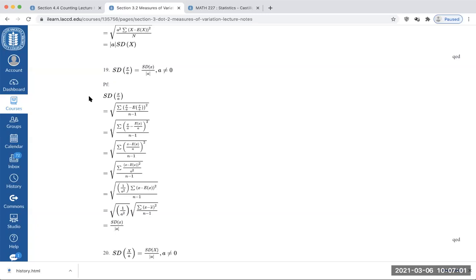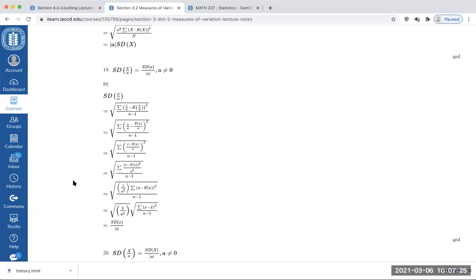By the properties of the mean from the previous section, the expected value of x over a is the expected value of x divided by a. I can factor out the common denominator a inside the parentheses since it's squared. Factor out the fact that it's 1 over a squared, bring that out in front of the summation.